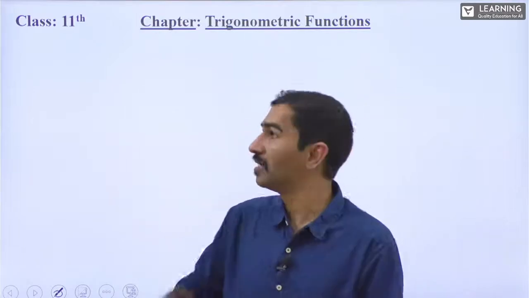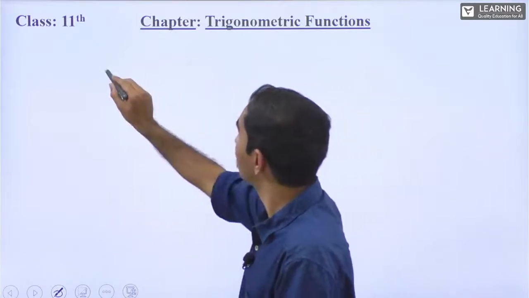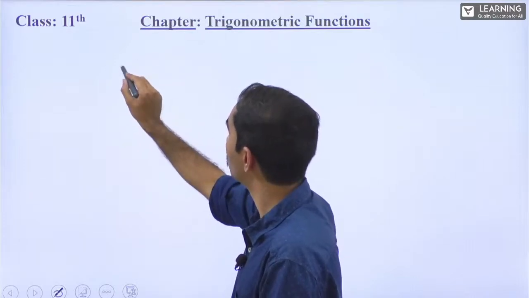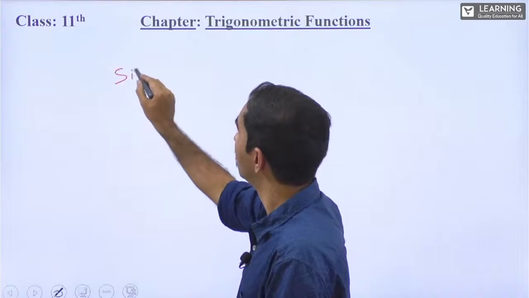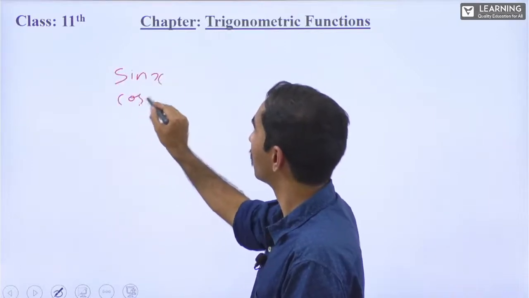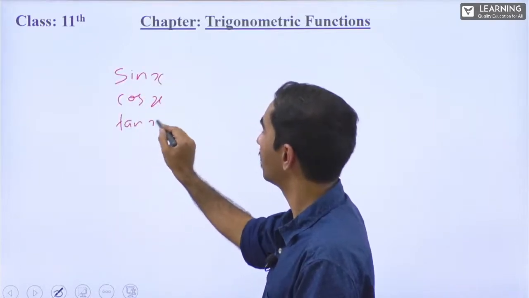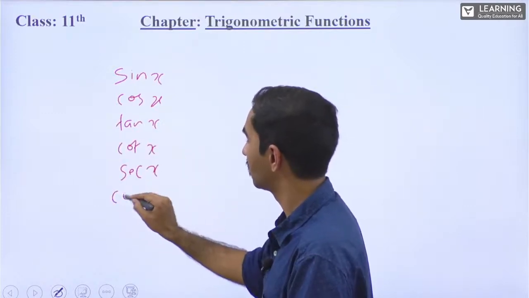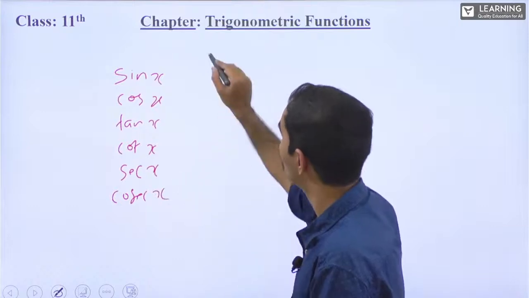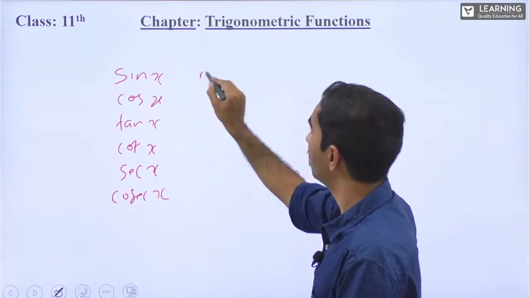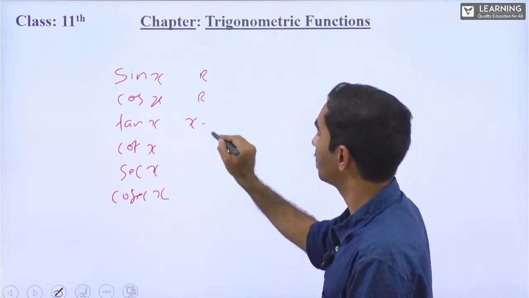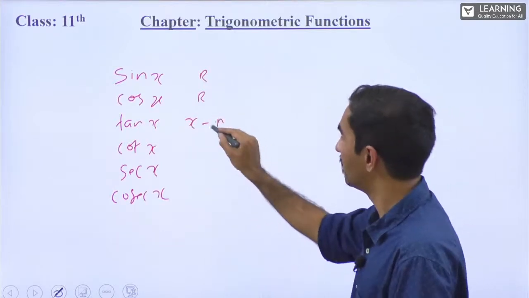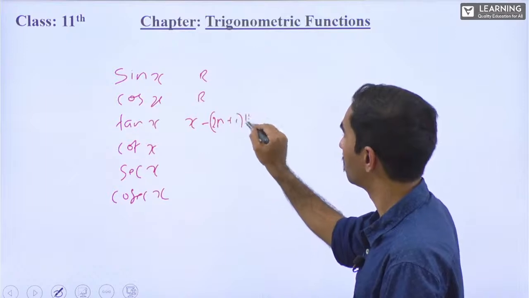Apart from this, we'll wrap it up very quickly, students. So we'll write the ratios here: sin x, cos x, tan x, cot x, secant x, cosecant x. Okay, domain: R for sin and cos. For tan x, it will be R minus (2n plus 1) pi by 2.